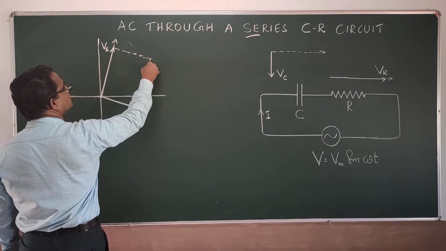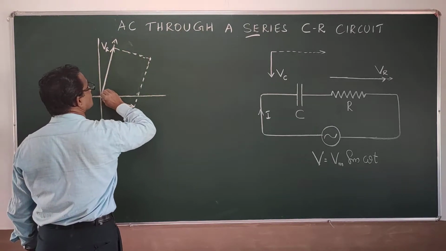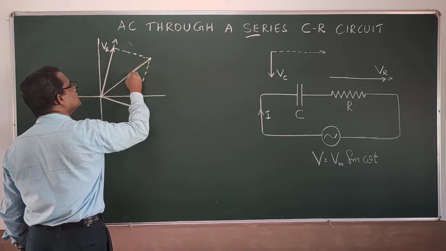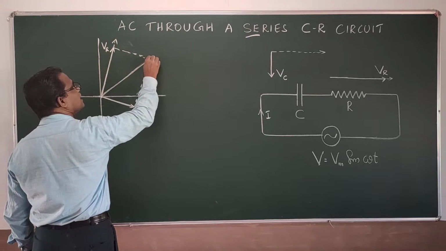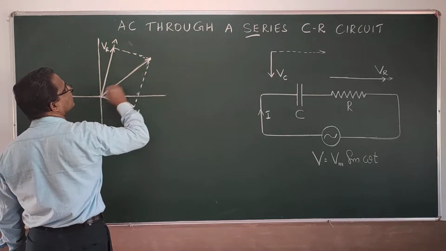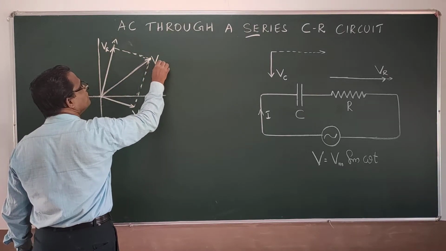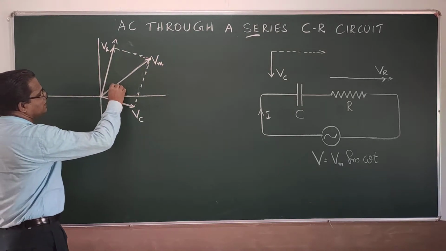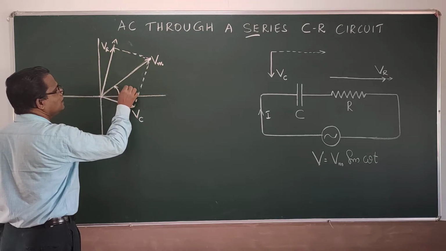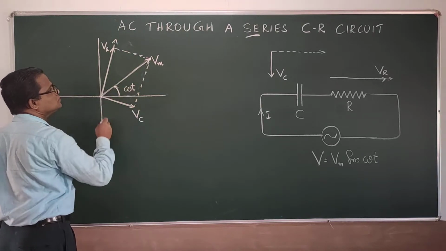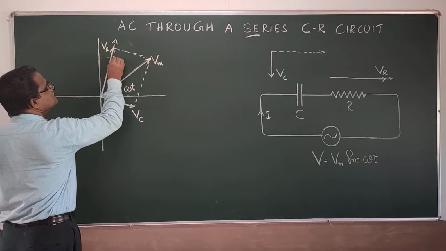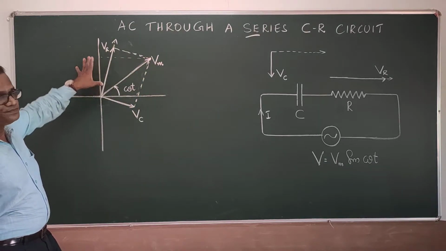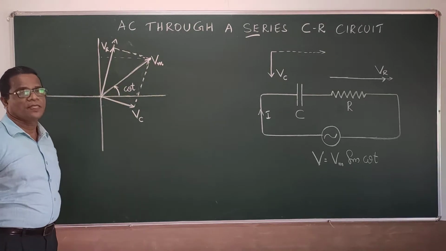For that I have drawn the parallelogram, and the resultant will be obtained as the diagonal of the parallelogram. So this is the Vm for the circuit. And then this will be the angle omega t, so that this gives Vm sin omega t for the circuit.